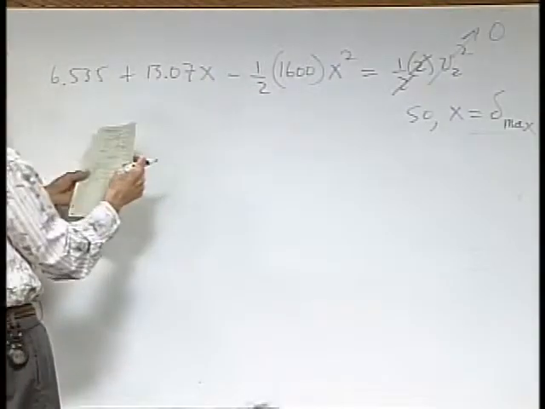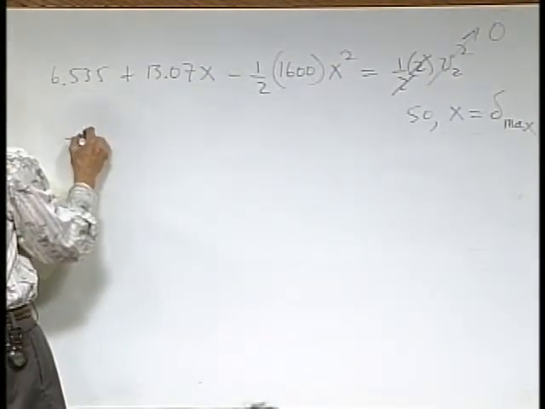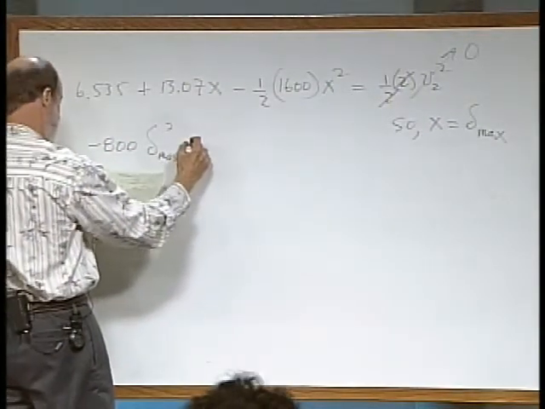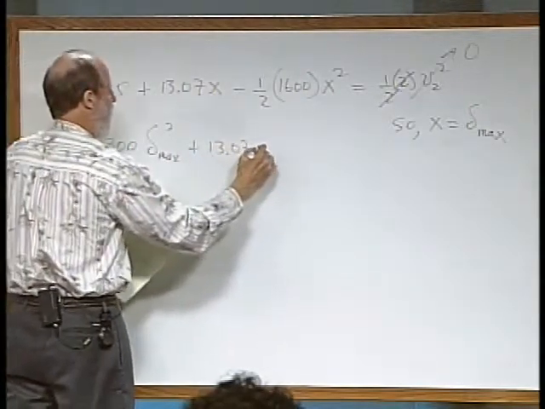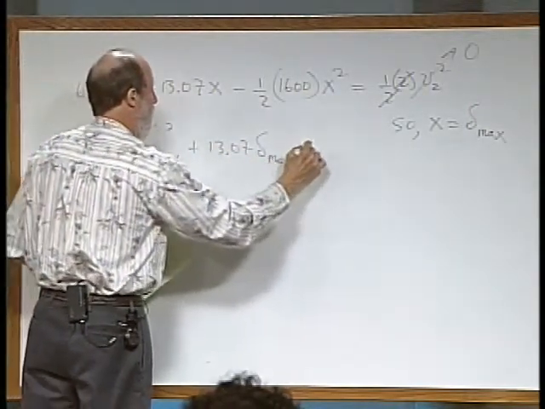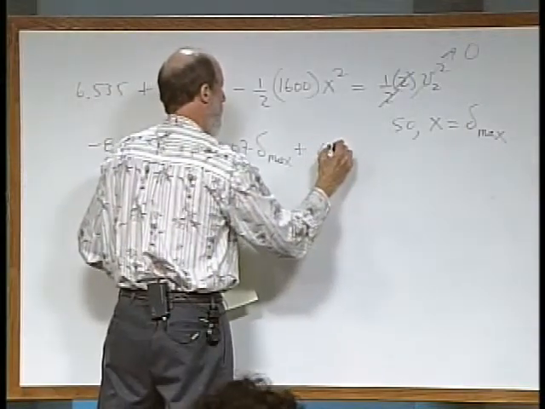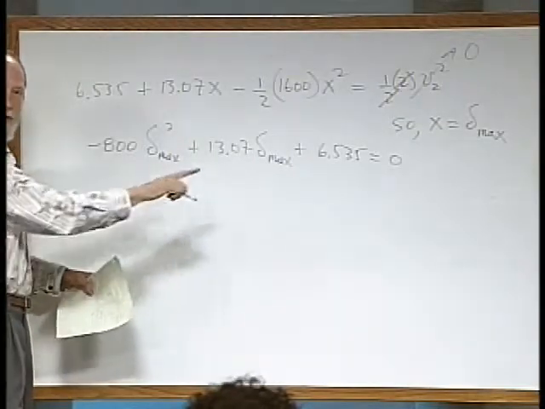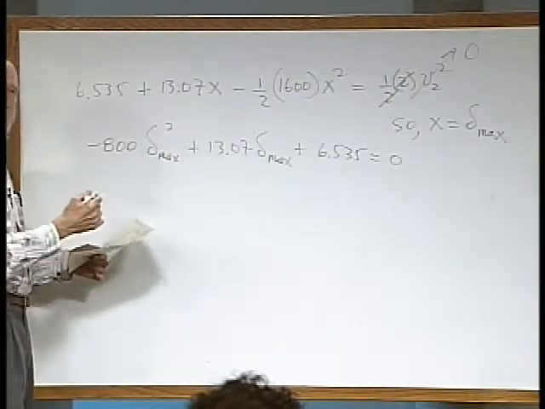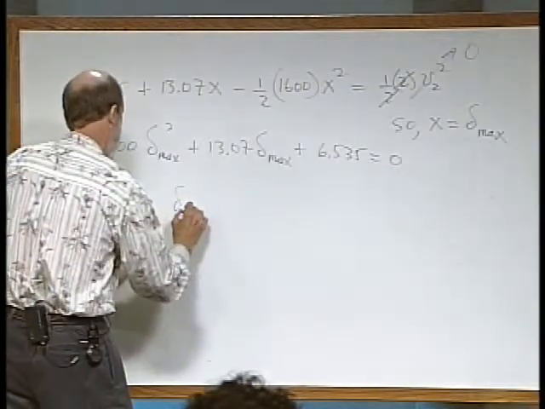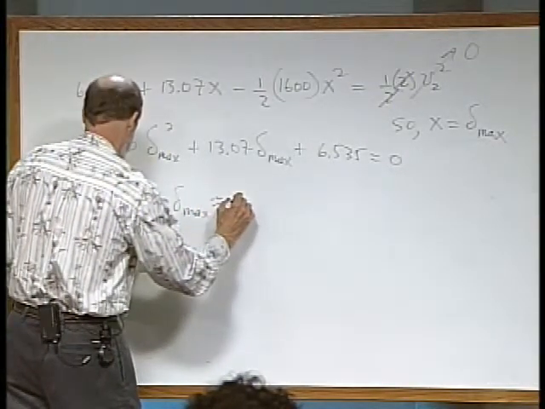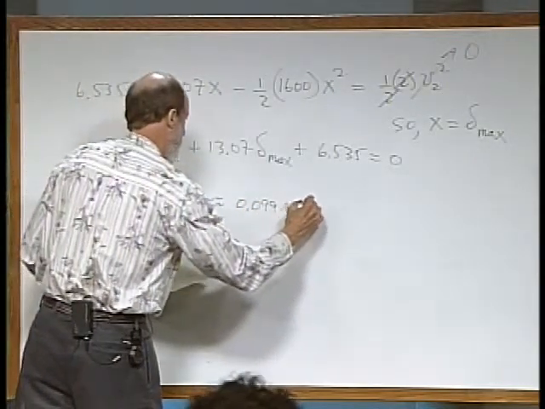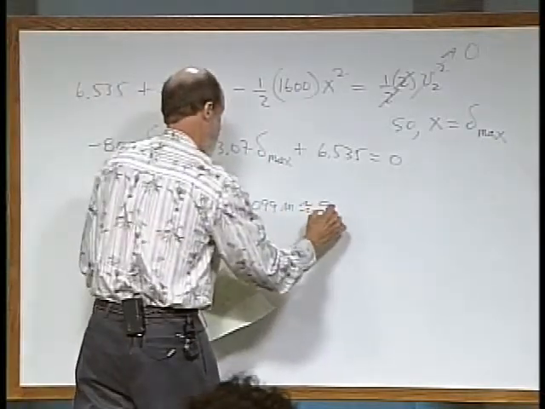If we clean this up, we have a quadratic equation that's minus 800 delta max squared plus the 13.07 delta max plus the 6.535 equals 0, and you just run a quadratic equation solver on that, or solve this graphically, and you find that delta max turns out to be 0.099 meters, or approximately 99 millimeters.